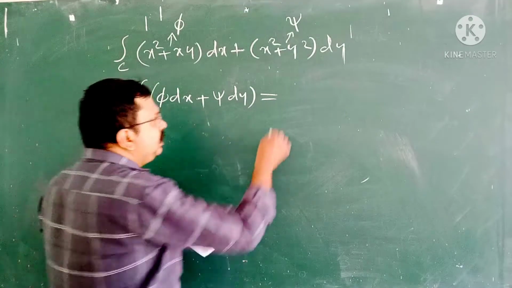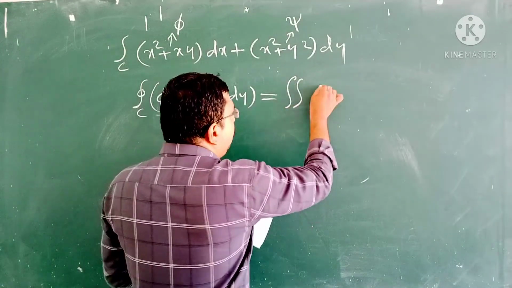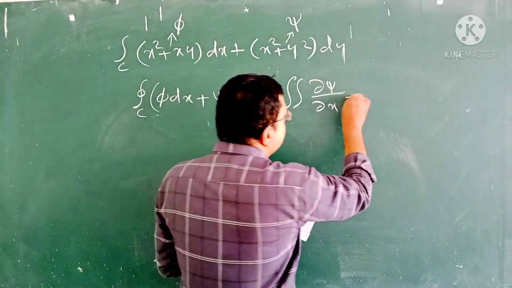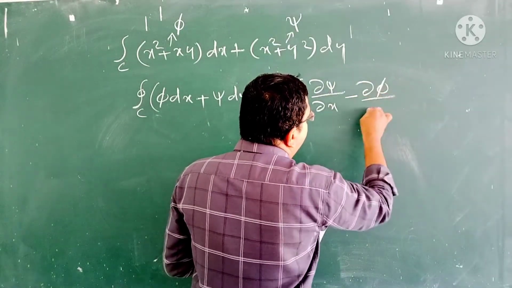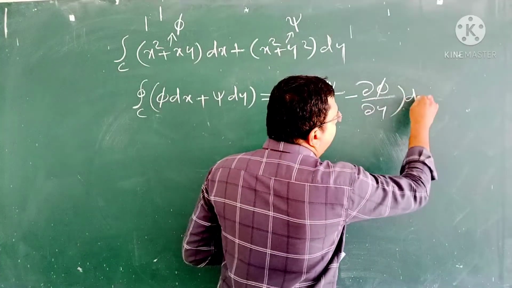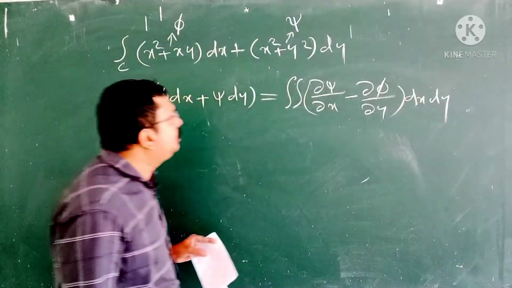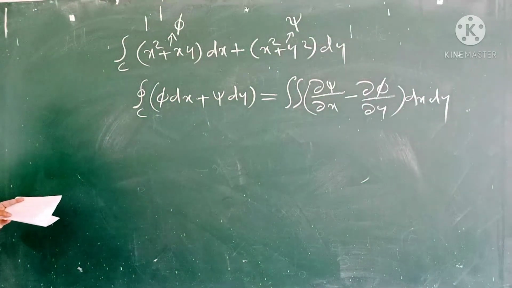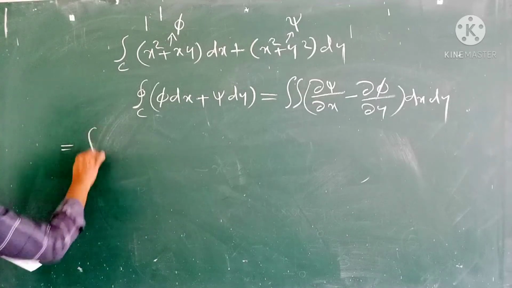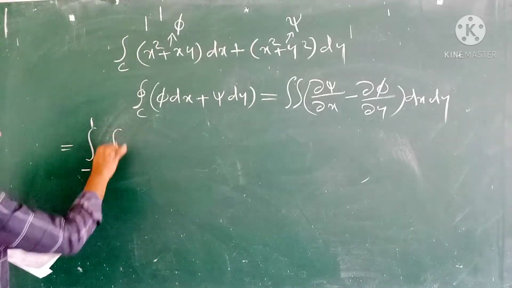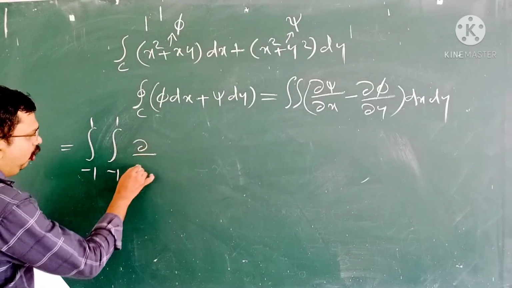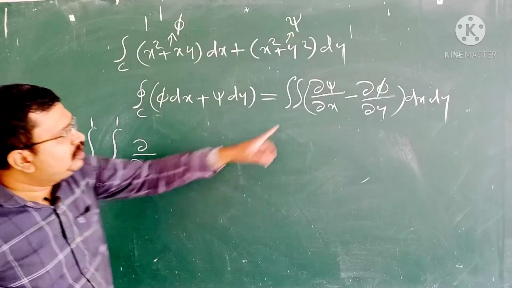the double integral of dou psi by dou x minus dou phi by dou y, dx dy. Now listen, when we apply Green's theorem, we get the integral from minus 1 to 1, minus 1 to 1, of dou by dou x of psi.